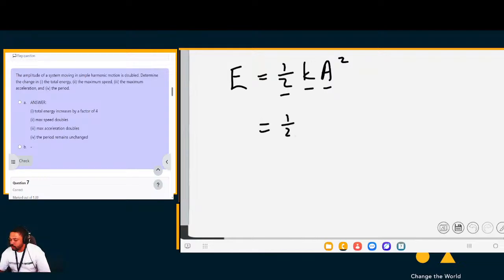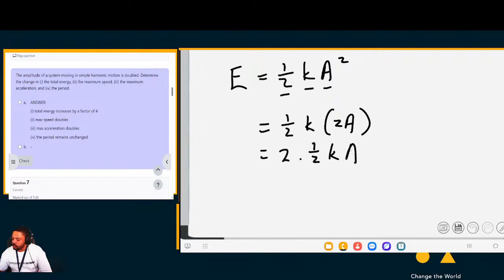A half times k times 2 times the original amplitude. That gives us 2 times a half times k times amplitude, and this altogether is just the original E, so it is just 2 times E. But I did miss something.